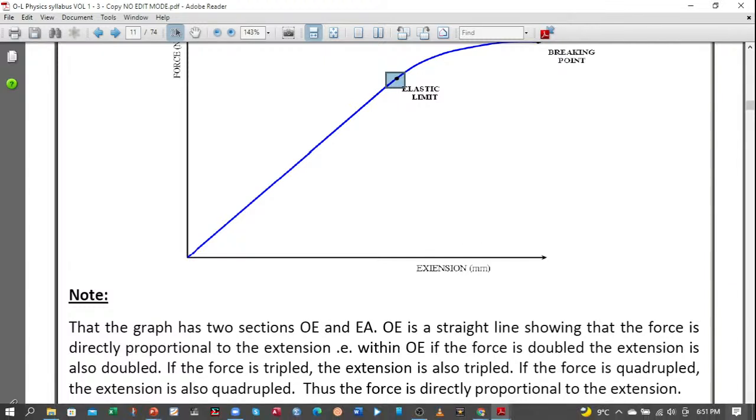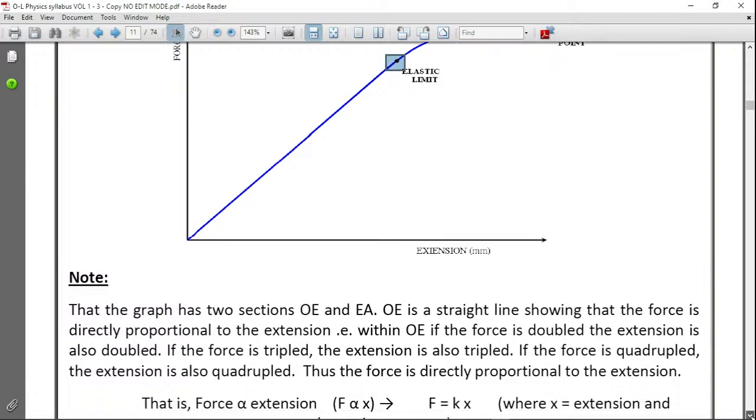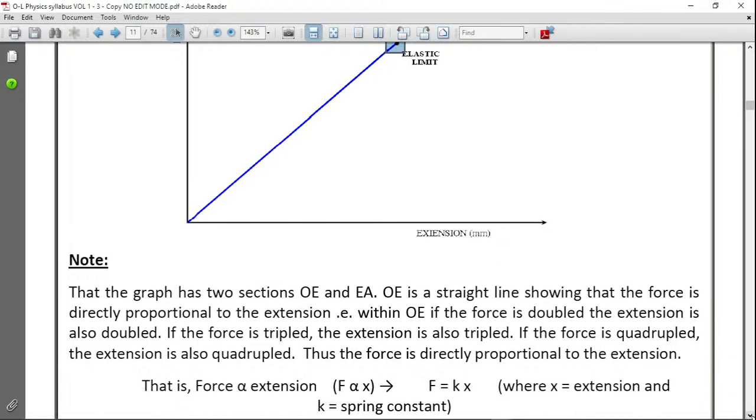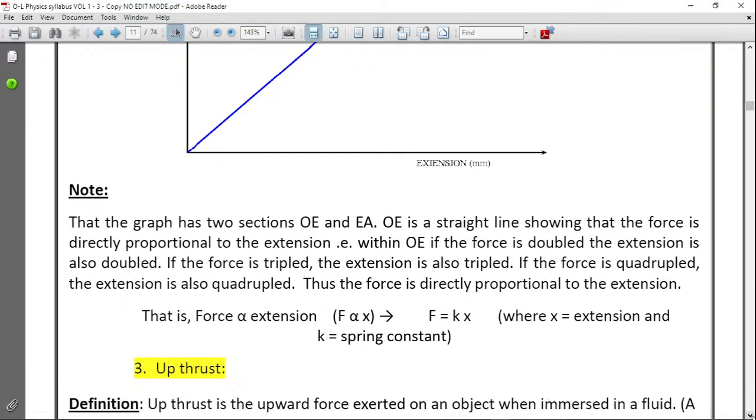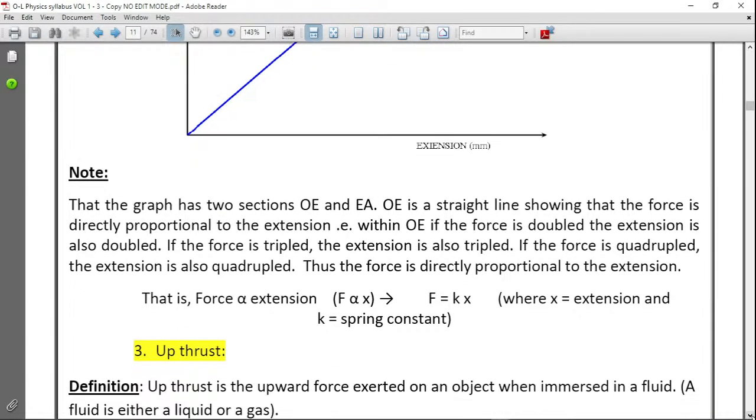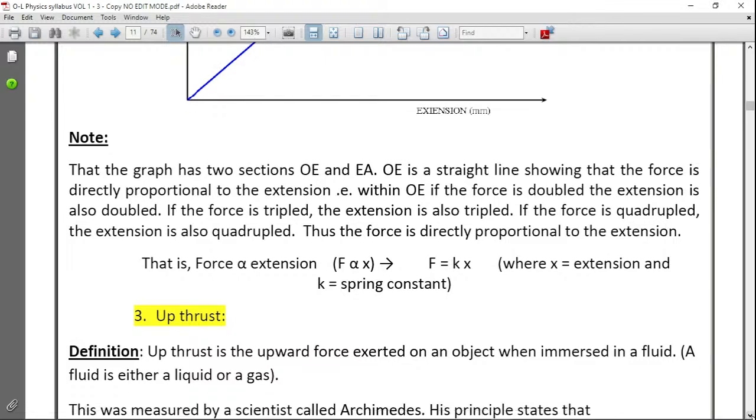In this region, the force is proportional to the extension. Now, above it, we move to the region where the force is no more proportional to the extension. We look at more of this in part 2.